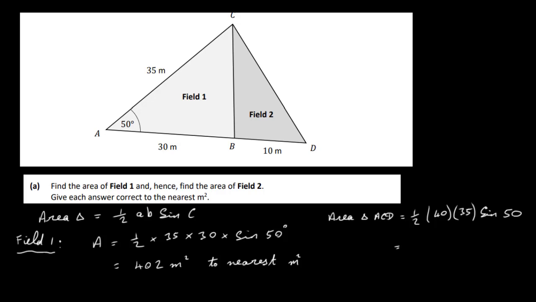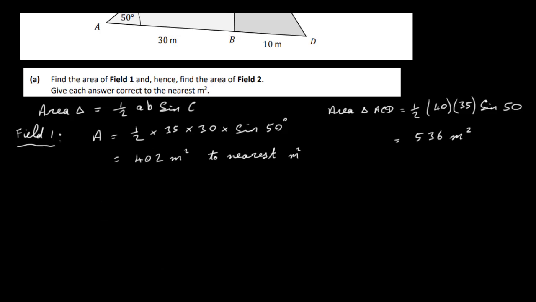So that's going to be 536. Again, that's meters squared. So the area of field 2 is equal to 536 minus 402, and that gives you 134 meters squared.